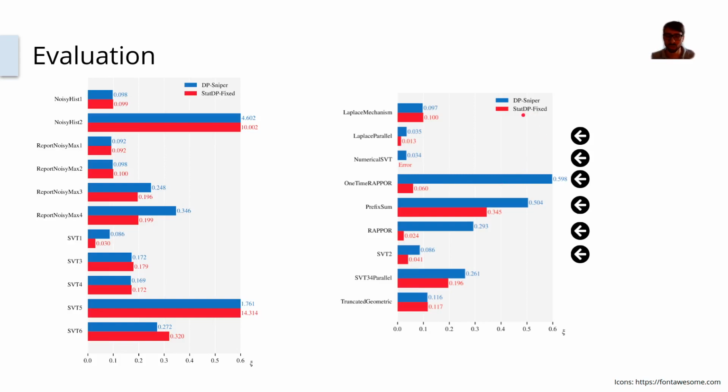I should point out here that we were not able to run StatDP directly because it doesn't exactly implement what is needed to derive differential distinguishability, which is why we used a fixed version of StatDP. And still the fixed version is being outperformed by DP-Sniper. Also, it's important to note that DP-Sniper is 15 times faster, so the increased power of DP-Sniper does not come at an increased cost in runtime.